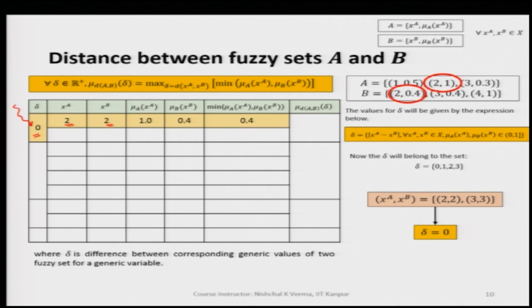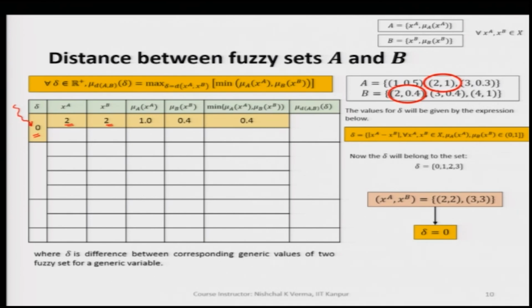Why x_a and x_b? Because the 2 in the second column is from discrete fuzzy set A, and the 2 in the third column corresponds to fuzzy set B. Similarly, we have another pair, 3, 3, for which we are getting 0.